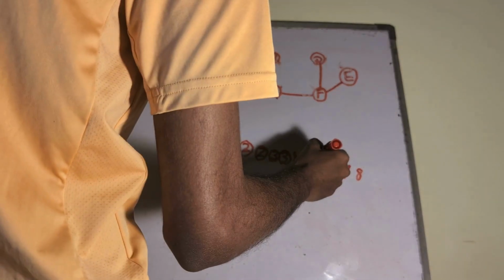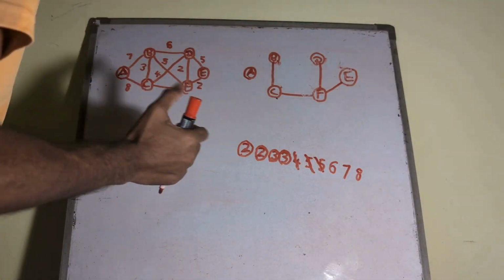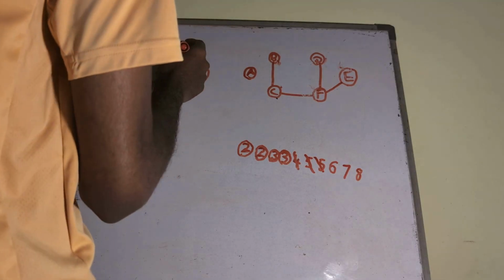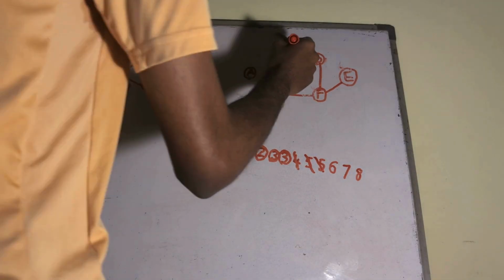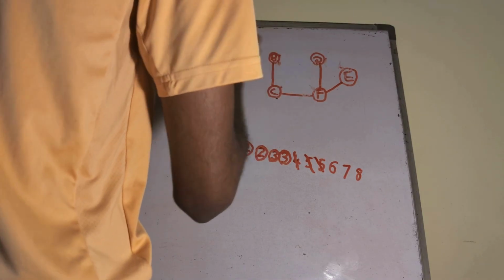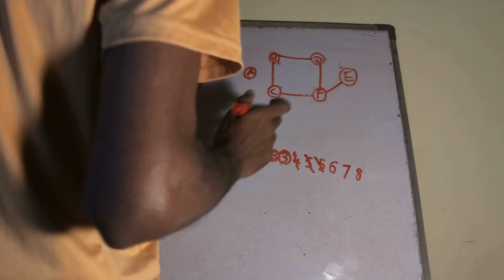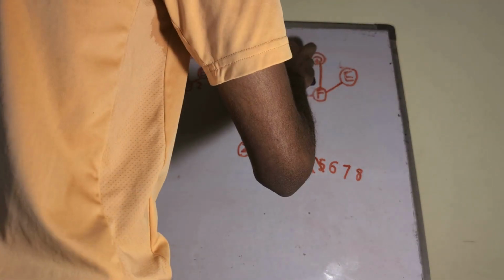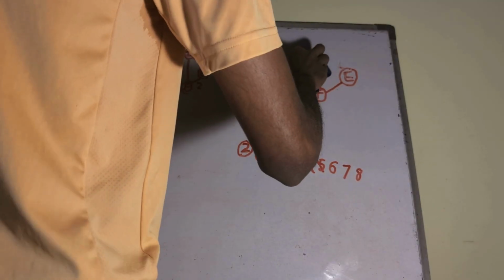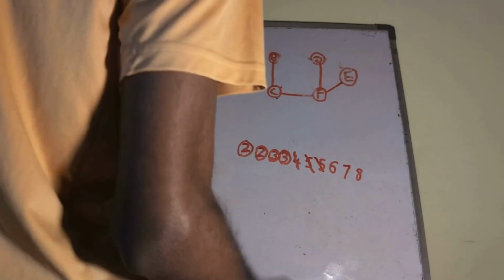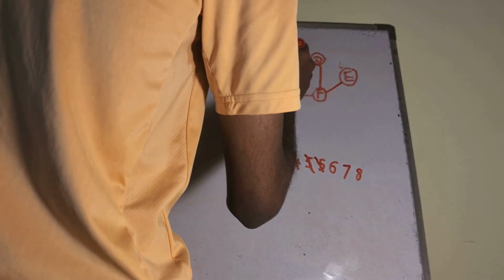We cannot take both 5s. Next is 6. You can see 6 is B and D. B and D cannot be taken because a cycle is created. You cannot take the BD weight.